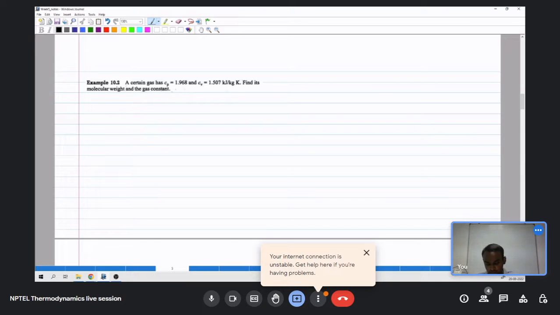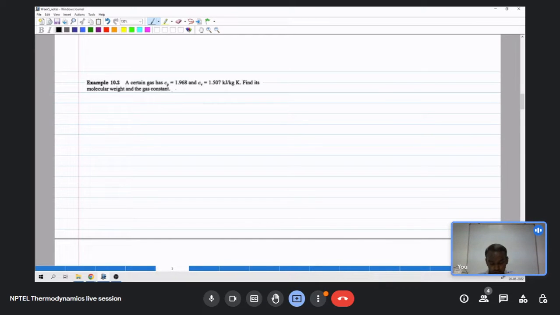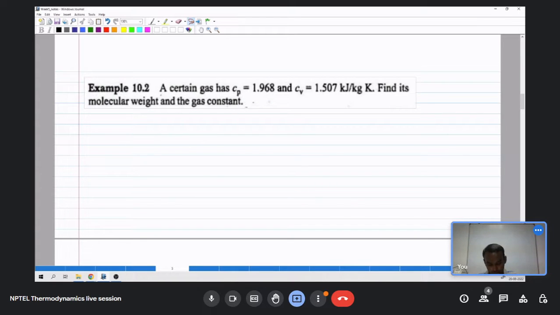Now, next problem, we have a certain gas with the CP of 1.968 and CV of 1.507 kilojoule per kg Kelvin. We need to find the molecular weight and the gas constant.